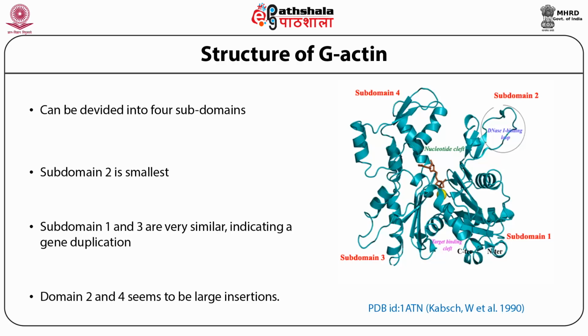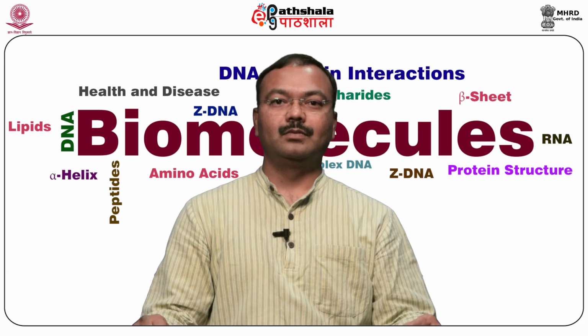The DNase which binds to this loop stabilizes G-actin as a monomer. Now, in the F-actin structure, domain 2 is expected to have a large structural change. There are also other small changes in other domains, but domain 2 is expected to have the large structural change.